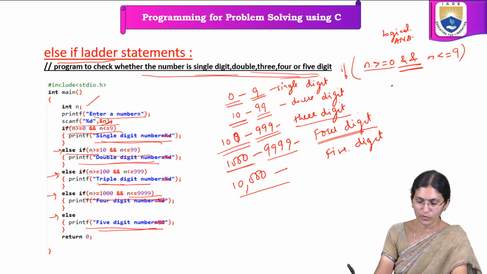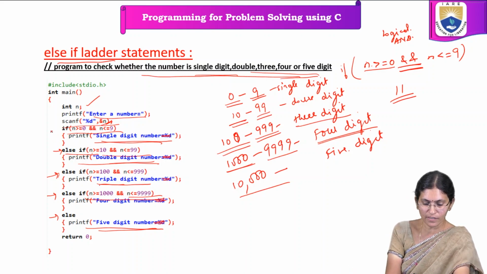So in this way, suppose you enter 11 here. After entering 11, first this condition will be checked. Is n greater than or equal to 10 and in between 10 and 99?